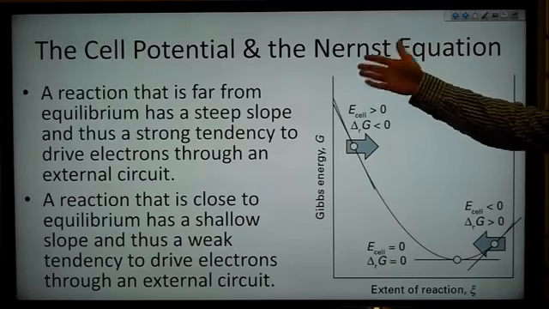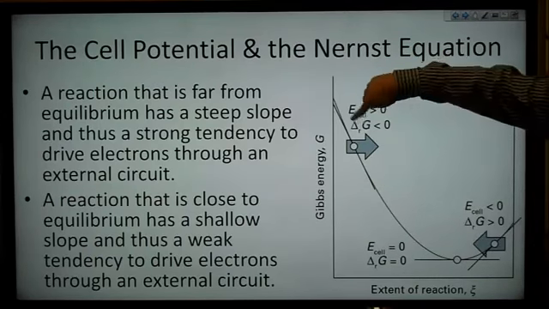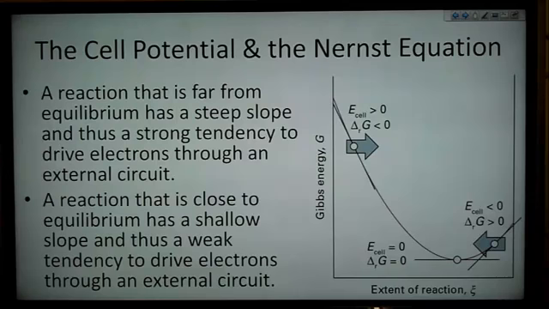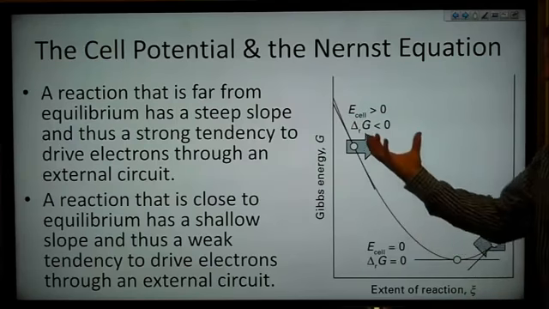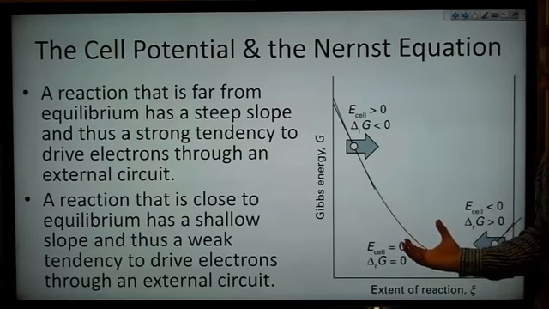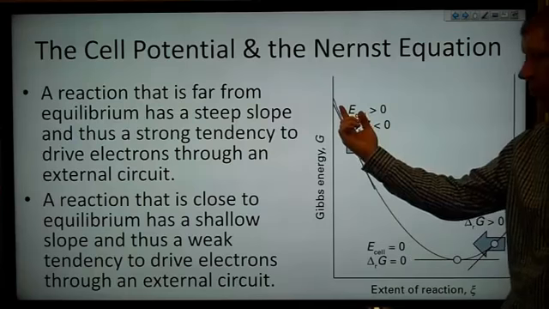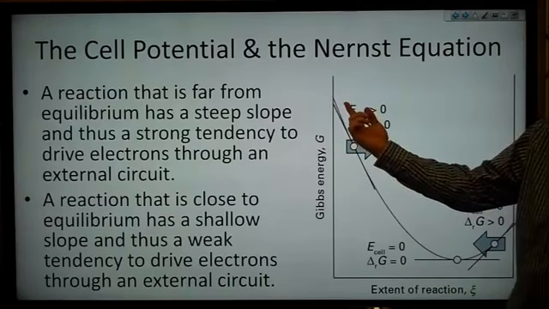A reaction that's far from equilibrium has a steep slope, so we're way out here, and thus it has a strong tendency to drive electrons through an external circuit. So if we're way up here, we can get a lot of power out of this circuit.